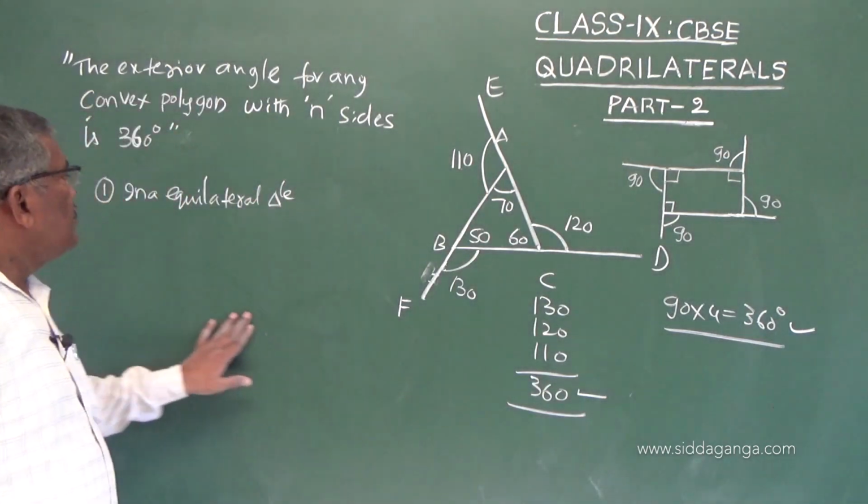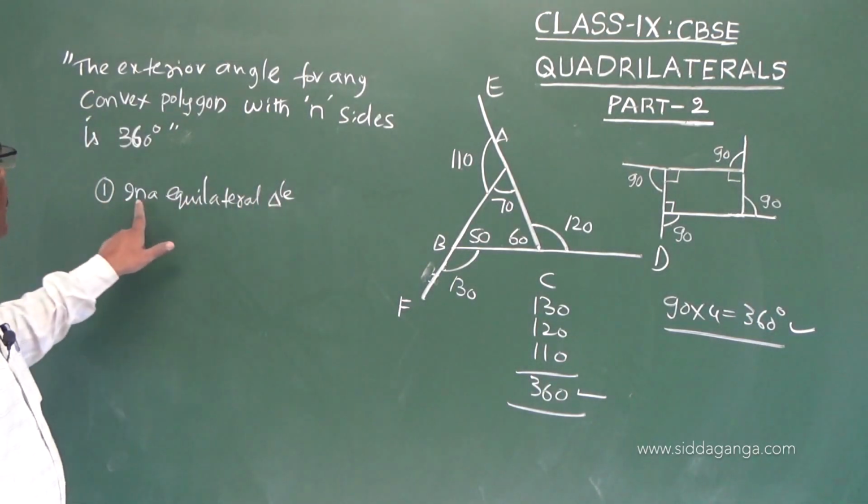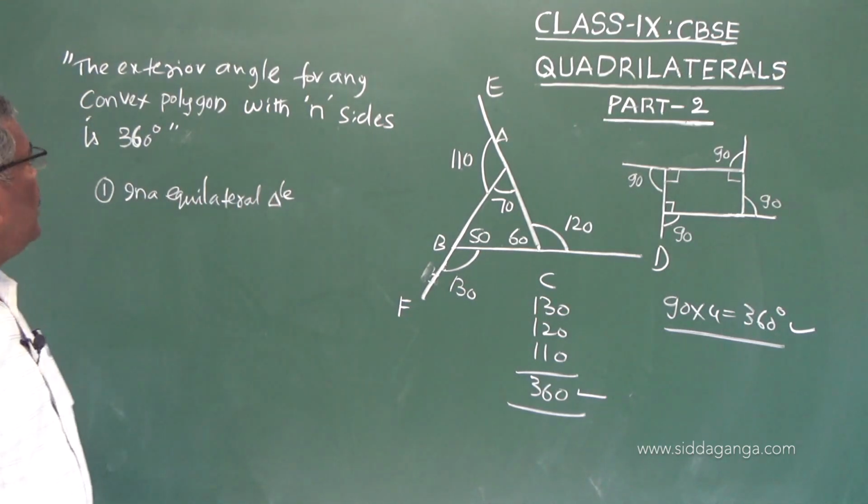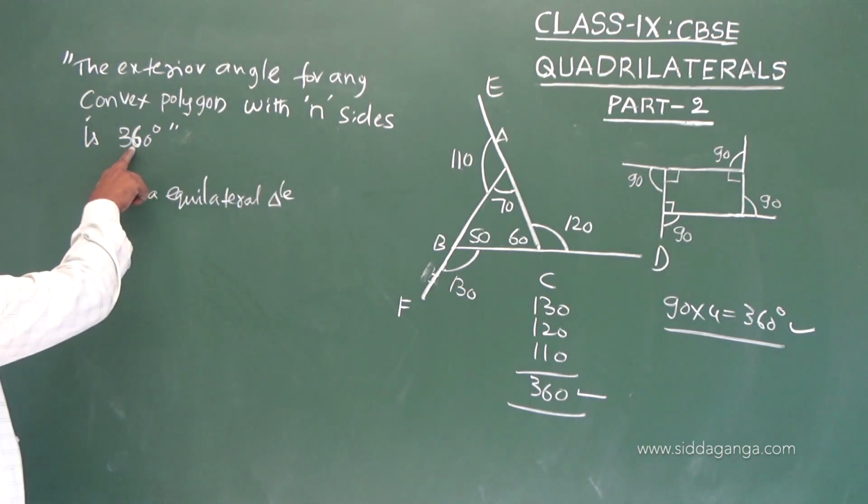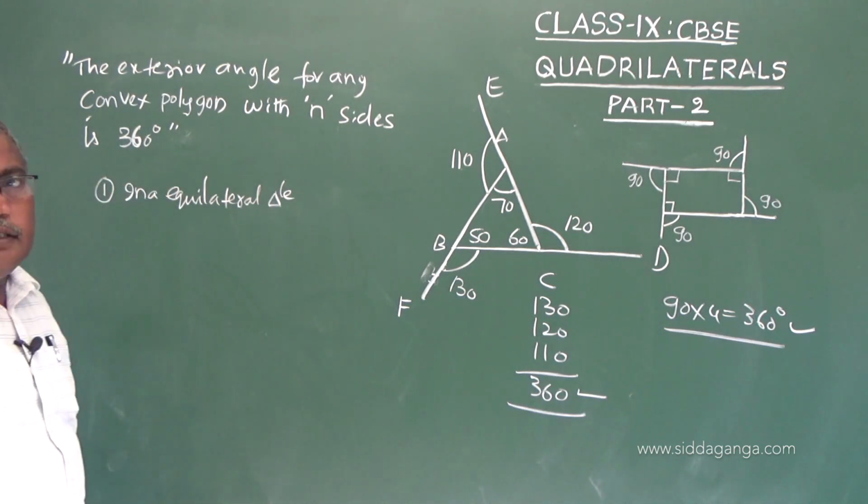So that we have to understand. In an equilateral triangle, the total of the exterior angles is 360 degrees.